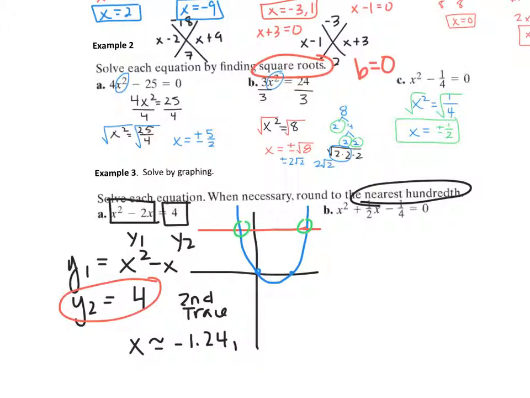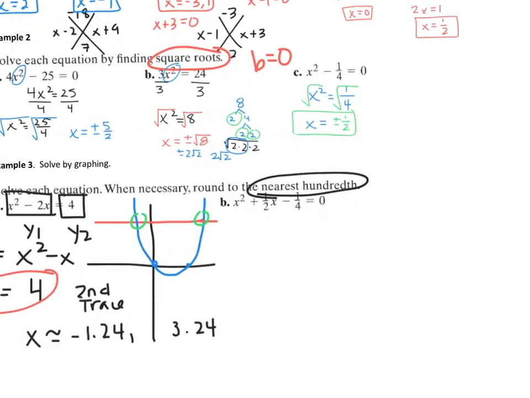And I want to do that process again, so I press second trace, go down to intersect, and you want to move your cursor using the left and right arrows to approximately where these two cross. So keep your cursor right over here, it's blinking, and then press enter 3 times, 1, 2, 3, and you'll get 3.24. So the two solutions are approximately -1.24 and 3.24.